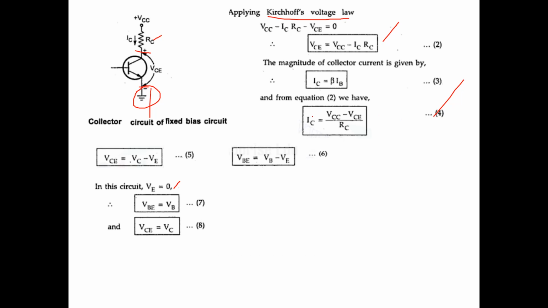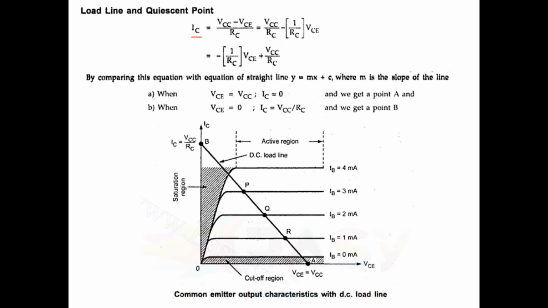It means there is no conduction of the transistor, and we get a point A. Where is the point A? This one. This point A corresponds to VCE equal to VCC. There you cannot expect any collector current because the transistor is in the cutoff region of operation.